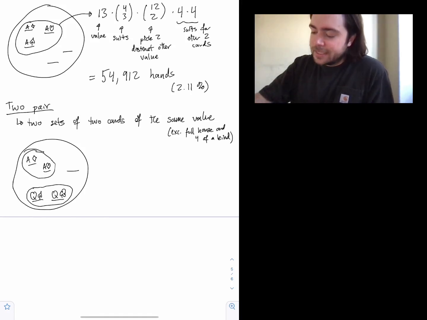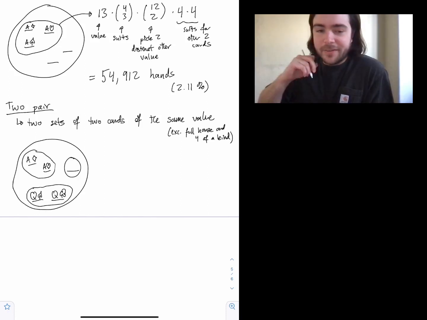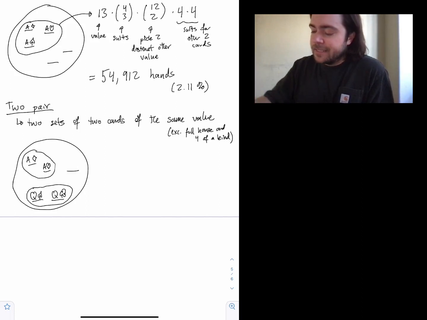We don't want these 2 pairs to have the same value. We want them at different values, or else that'd be 4 of a kind. And also, we don't want this other card to have one of the values we already picked for our pairs, because that would be a full house. If I'm thinking about the possible values, let's just focus on the 2 pair part first. We'll deal with this last card at the end.